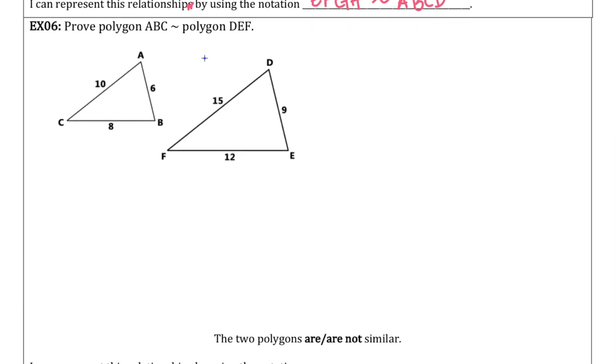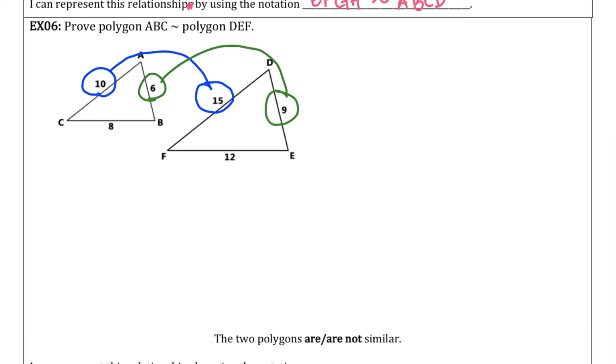Okay, let's try one more. Well, let's do one more. So 10 with 15, and then 6 with 9. So 10, 15, we want to know that's the same as 6 to 9.